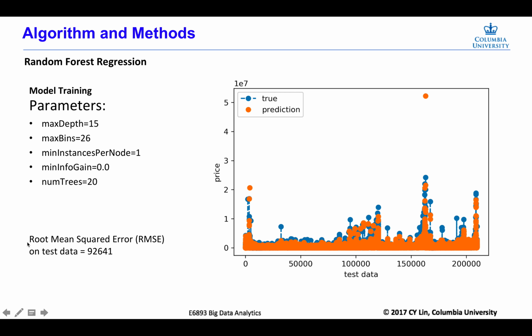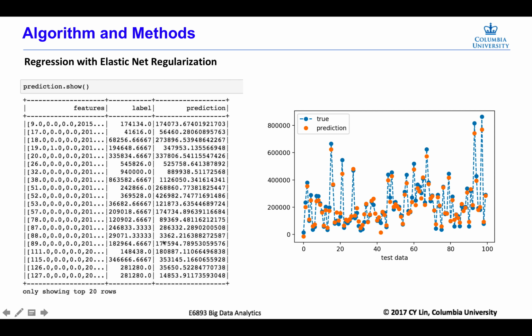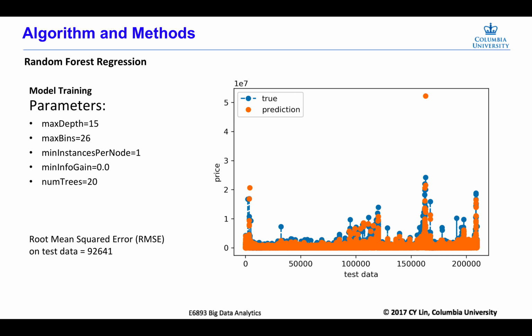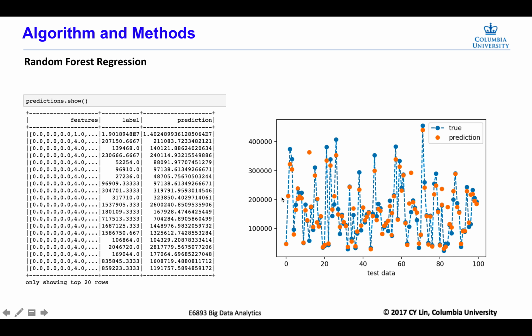As you can see, the root mean squared error for this test data is much smaller than the previous one. Also, on part of the test data, we can see a good correspondence, and this yielded a smaller root mean squared error.